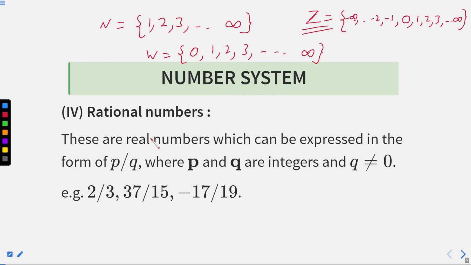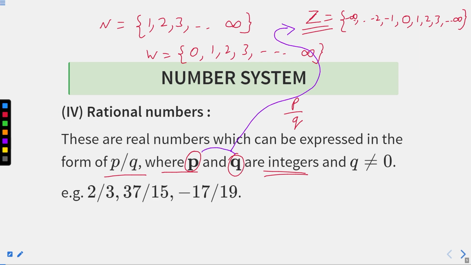Now we come to the rational numbers. The rational numbers are of the form p upon q, where p and q are integers, that is, p and q belong to the set of integers.